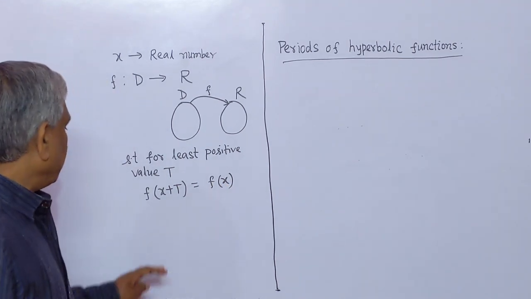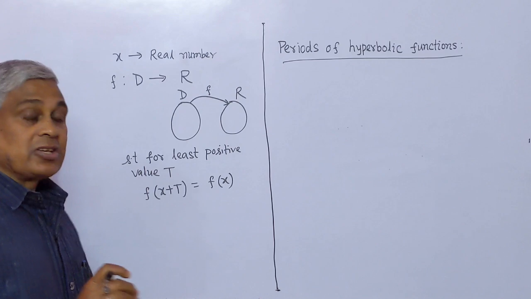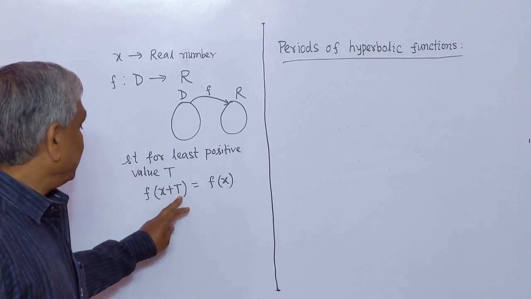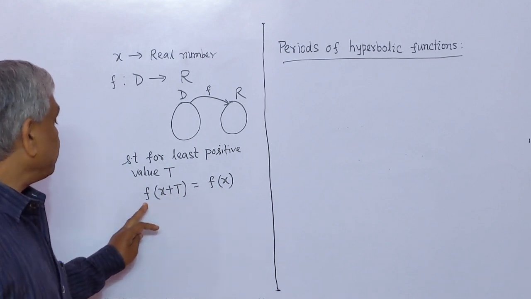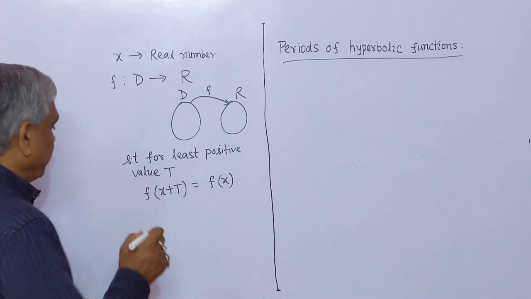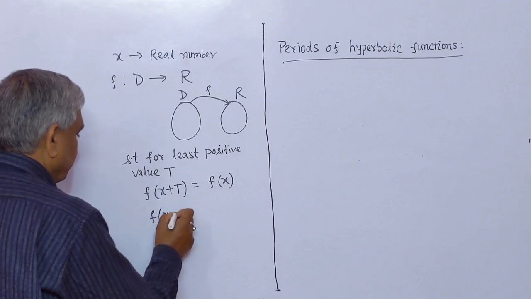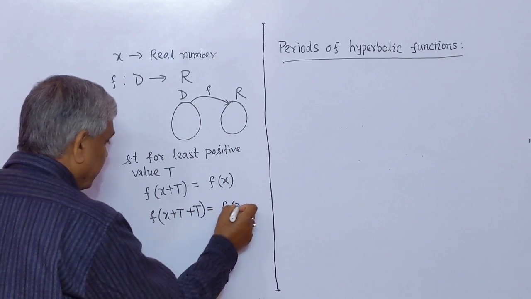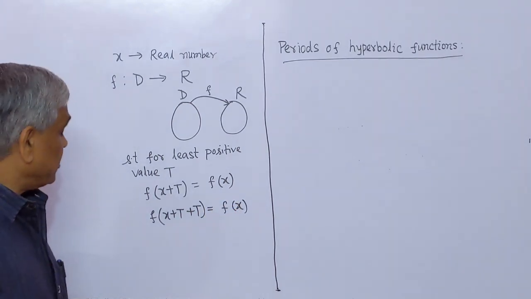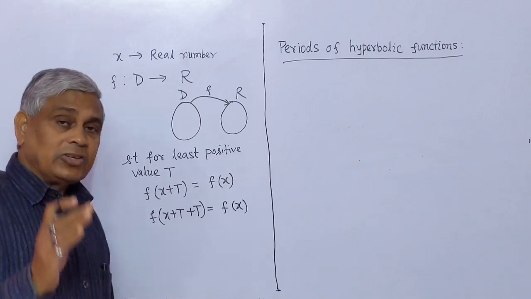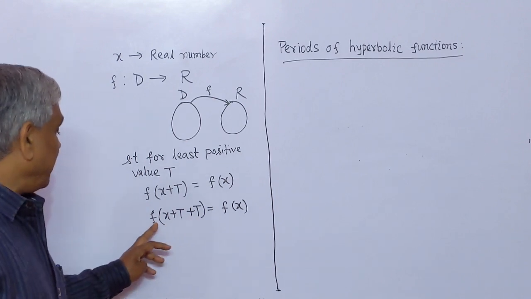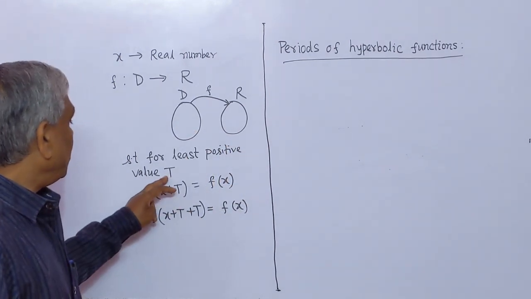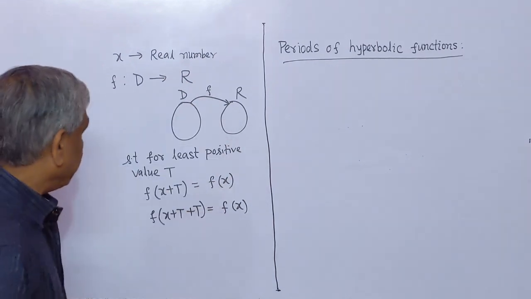That means the function f repeats its value at regular interval t, then t is called the period of this function. Here if we write f(x plus t), then also we get f(x). At each regular interval t, the function f repeats its value, then t is called the period of this function.